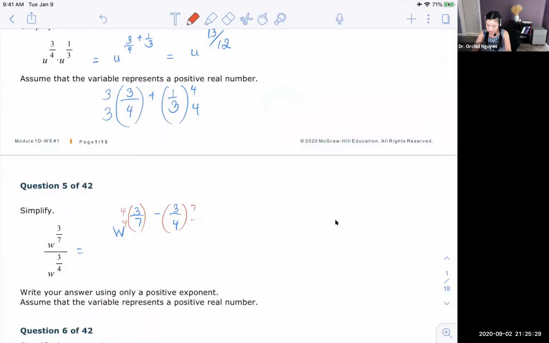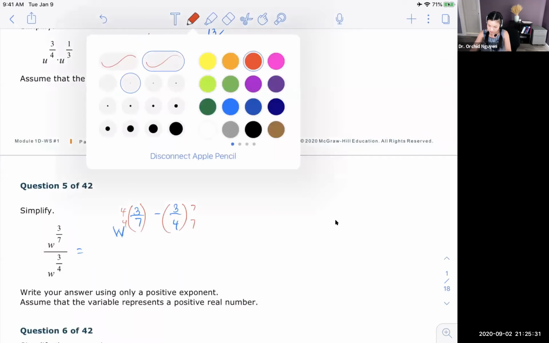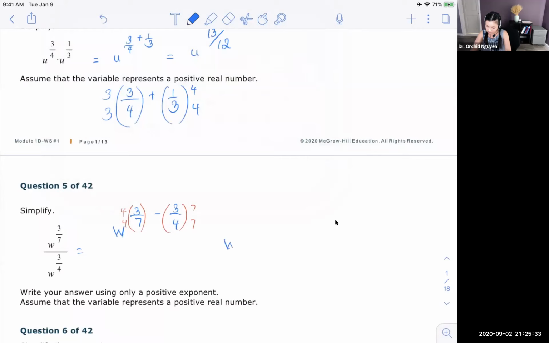I'm going to multiply by 7 here. So it's 12 minus 21 over 28, which is w to the -9 over 28. Now, hopefully you remember that we're not allowed to have negatives, so we're going to have to put it on the bottom.